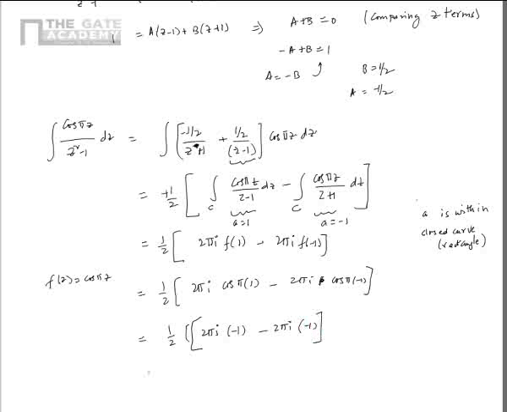So this value is basically half of minus 2 pi i plus 2 pi i, which is nothing but 0. So we have seen some 3 to 4 examples on Cauchy's integral formula.